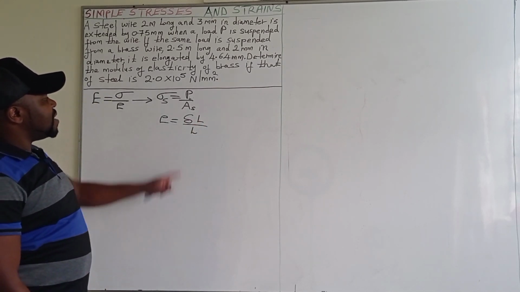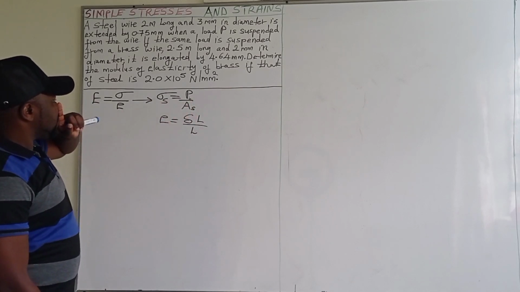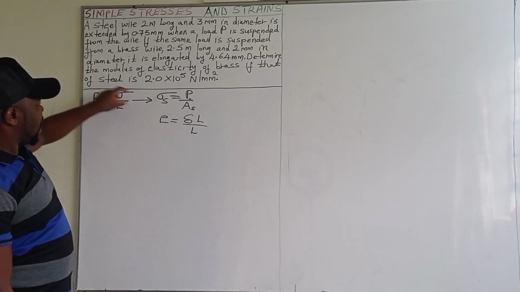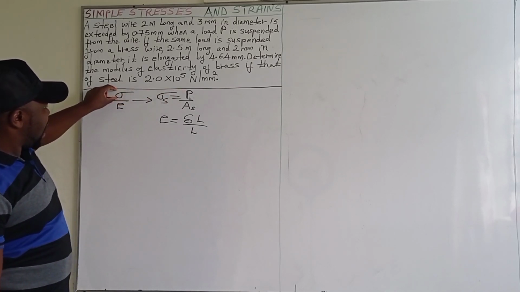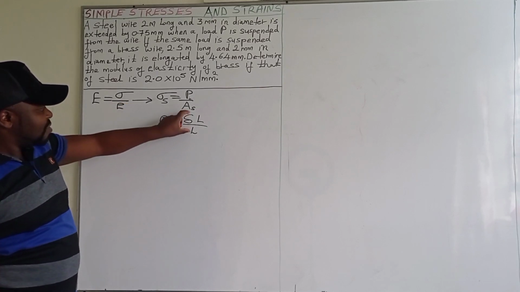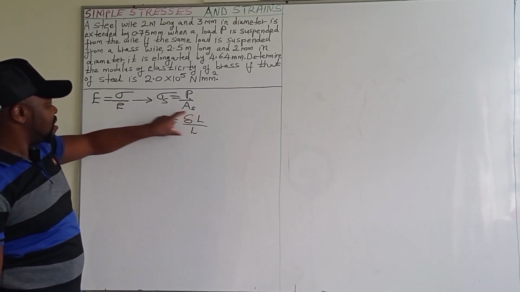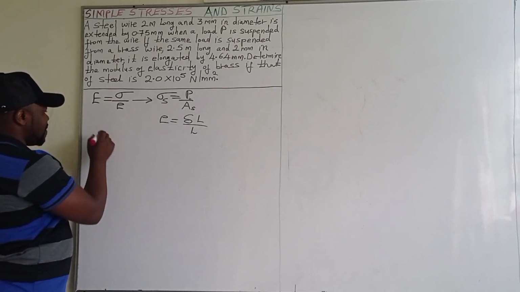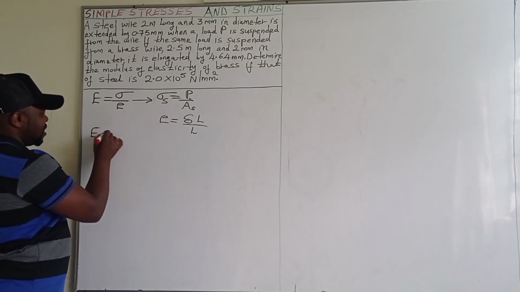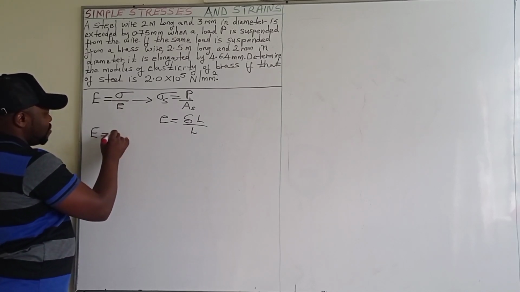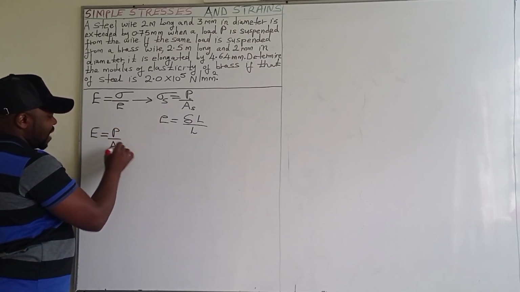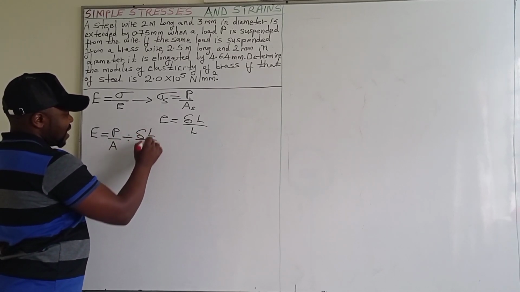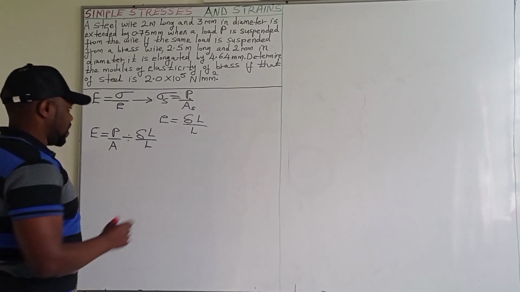Now, we need to determine the value of the load P. So we are going to substitute the stress, P over A, and the strain at this point. Young's modulus will be given by stress, load over area, divided by strain, change in length divided by the original length.